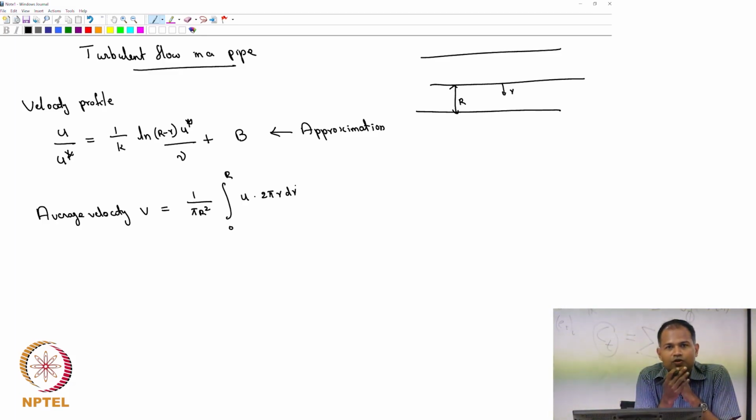This is the velocity integrated over the entire surface divided by the surface area. We know the expression for u, so substitute and integrate and see what the average velocity is.